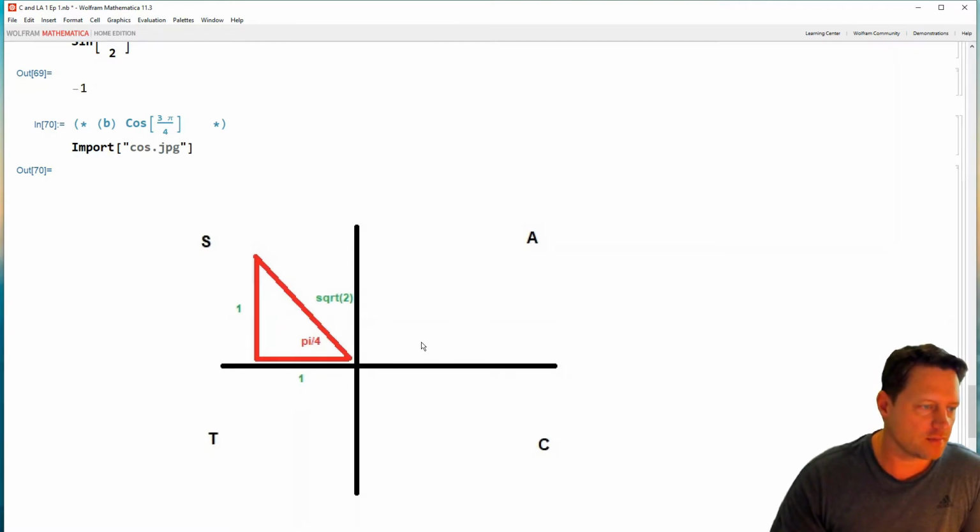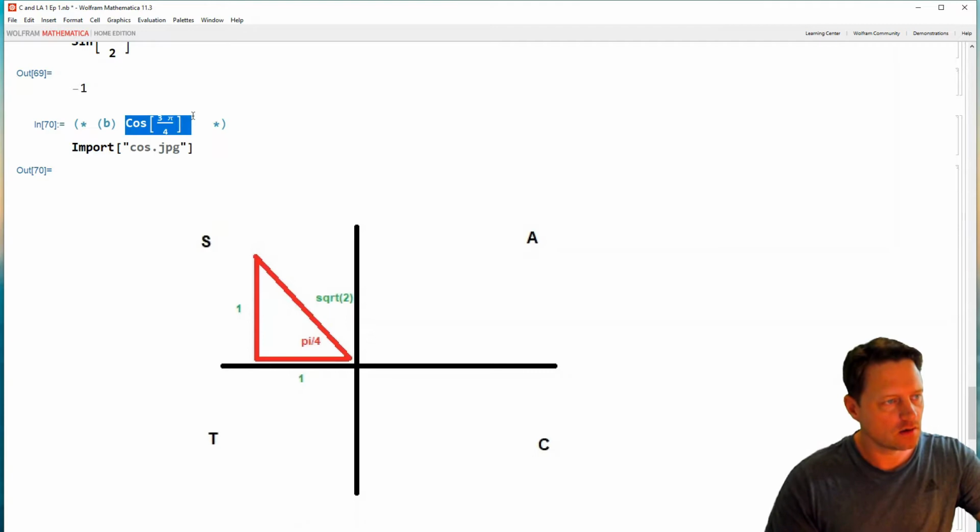All right, now we're considering the cosine of this angle pi on 4 here, which is adjacent over hypotenuse. So 1 on root 2, but considering that this is in the second quadrant, we've got minus 1 on root 2. Okay, so let's just say that.